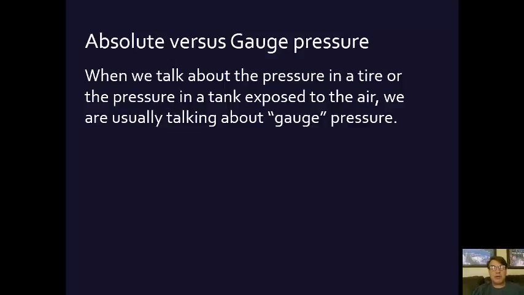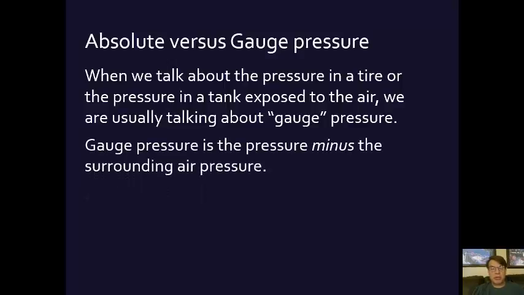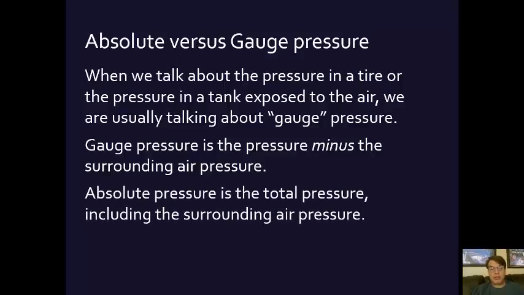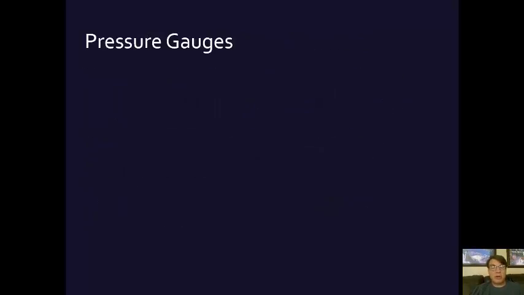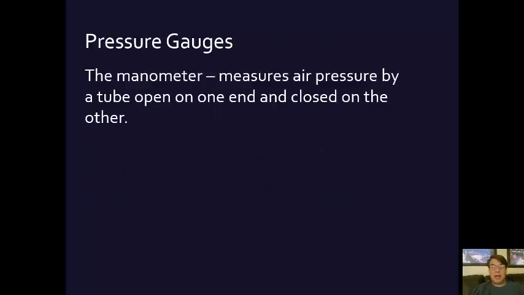If the pressure in a tire is just equal to the external pressure, it's not going to hold a car up. And so gauge pressure is basically the pressure minus the surrounding air pressure. Absolute pressure is when we're talking about the total pressure, which includes the surrounding air pressure. Okay? Again, this is all kind of definition stuff mostly, and some fundamental principles.